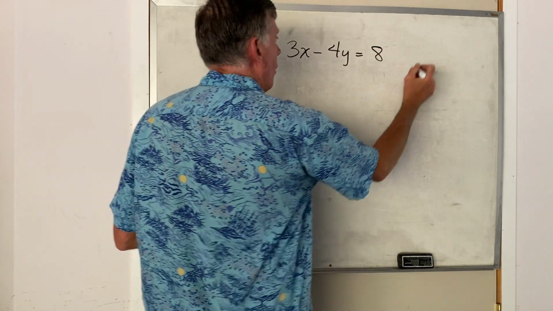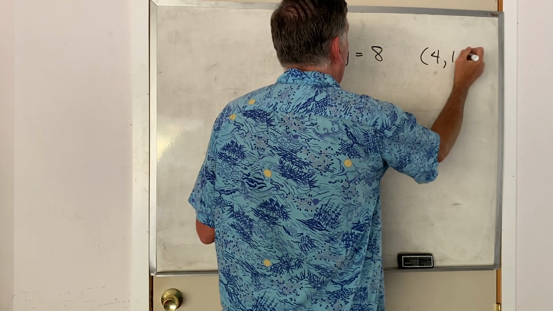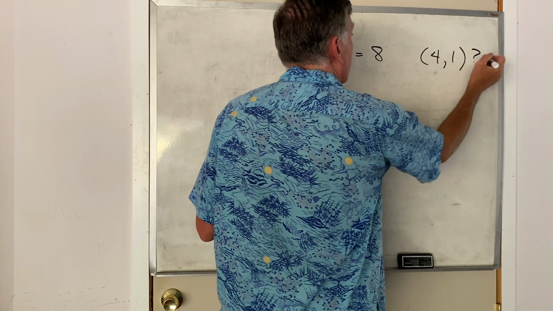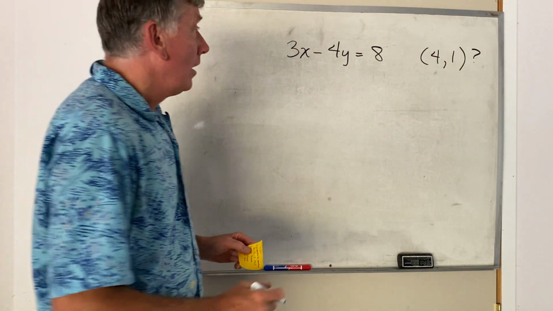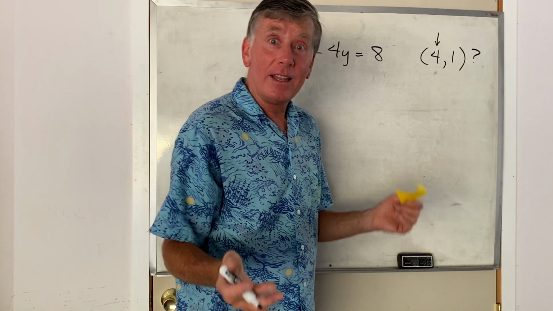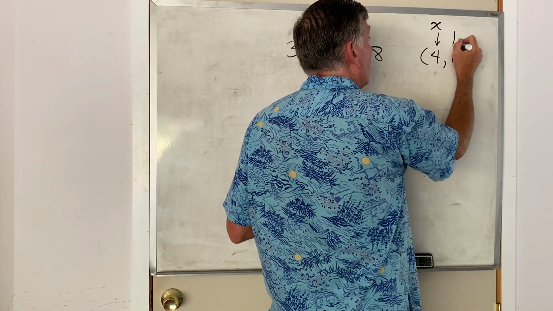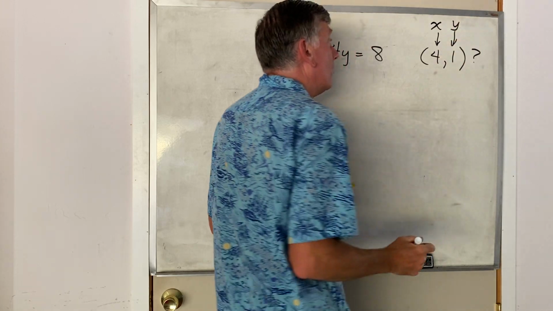And I want to know, is the point (4, 1) on it? Does that point work? I want to remind you that x always comes first, just like in the alphabet, and then y. So here's my x coordinate, here's my y coordinate.